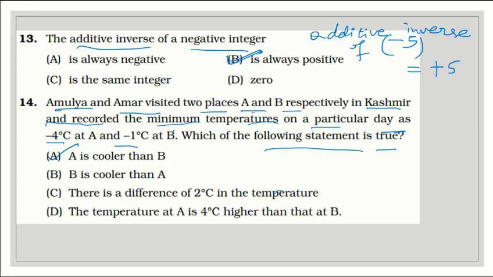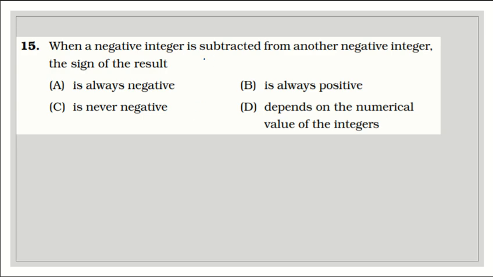So, coming to question number 15, when a negative integer is subtracted from another negative integer, the sign of the result... See, suppose you are subtracting minus 3 from minus 2.